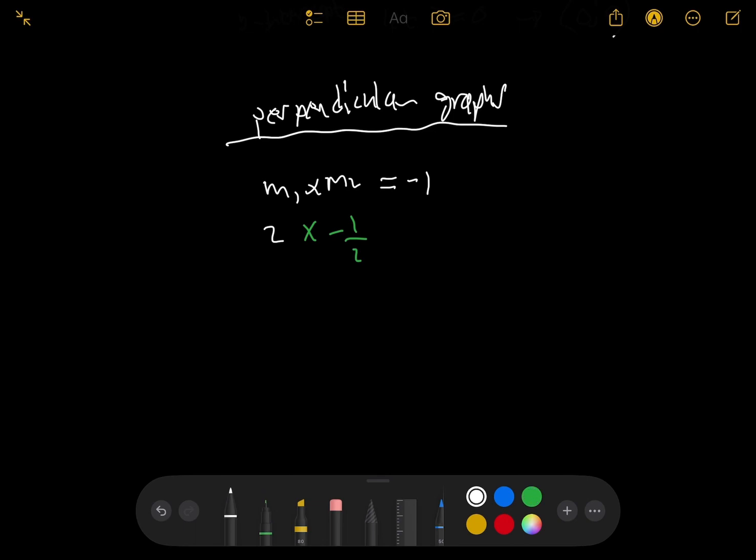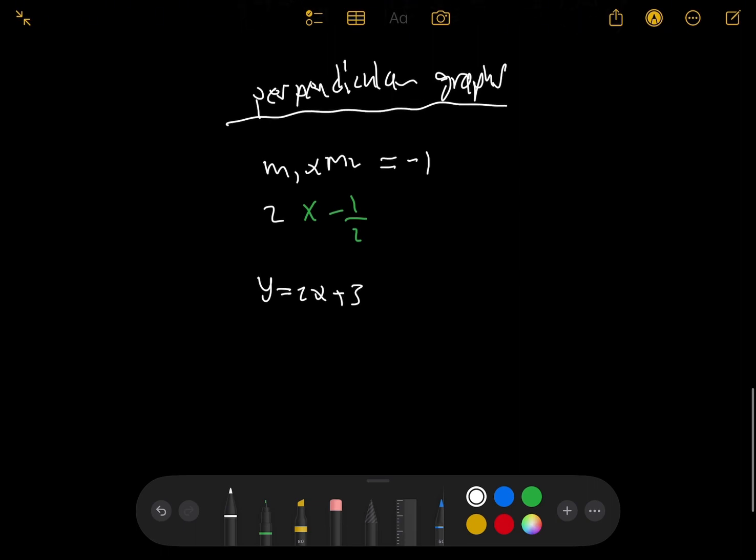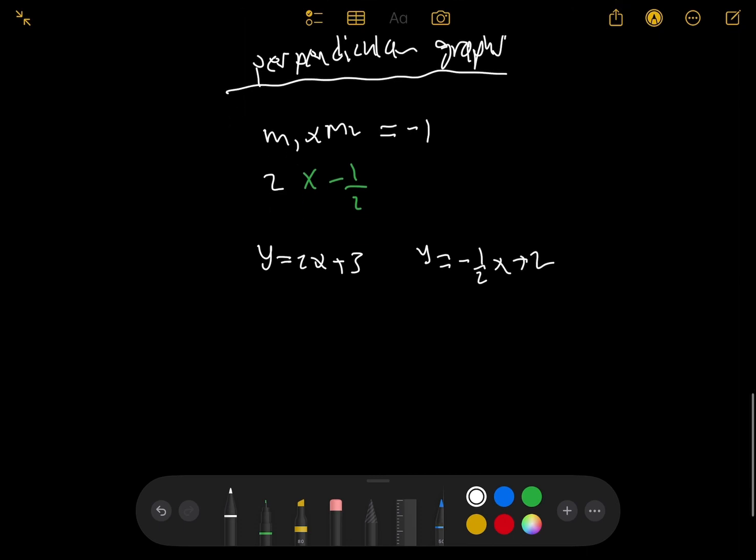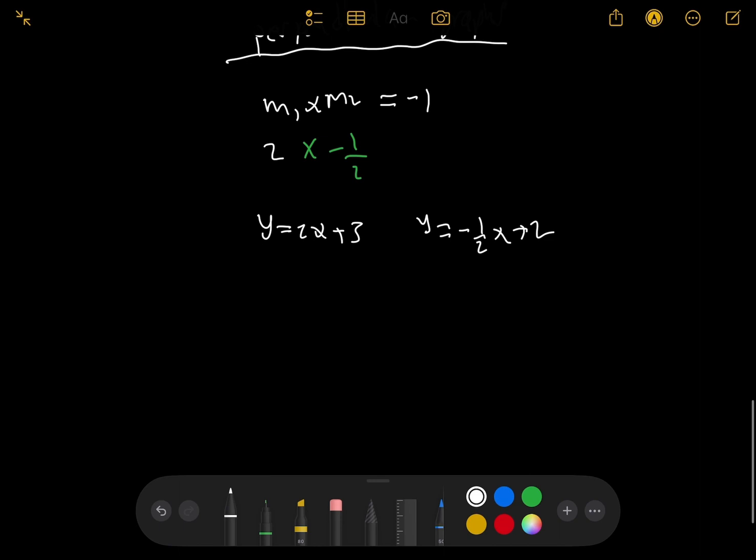In real terms, this is you having y equals 2x plus maybe 3, and then y equals -1/2 x plus 2. Those two graphs will be perpendicular.